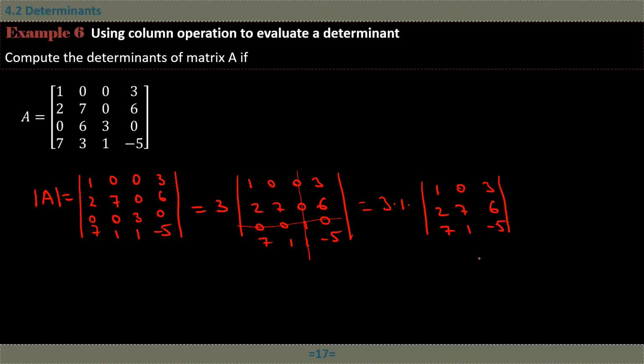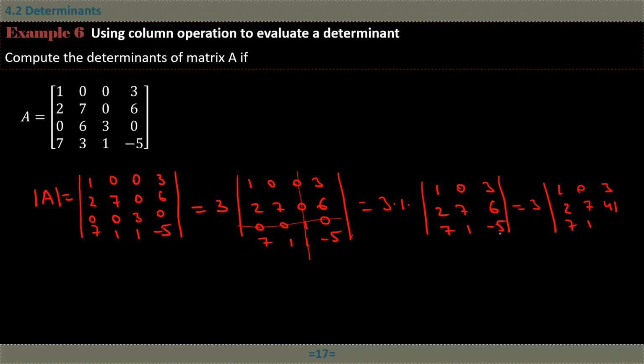Okay, so now actually I can create more zeros here. For example, if you multiply the second column by 5 and add to the third column, here we will have 3, 1, 2, 7, 0, 7, 1. Here we have 0, so here we have 3. Multiply by 5, 35, plus 6, it is 41.